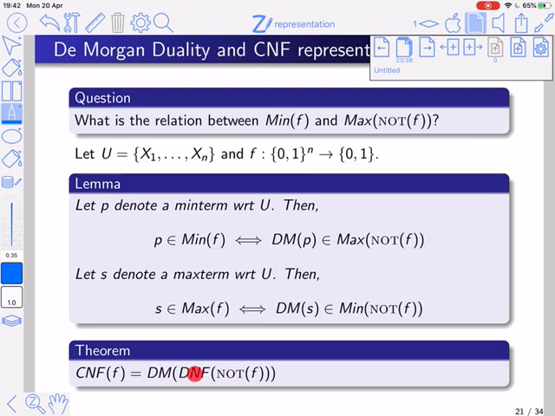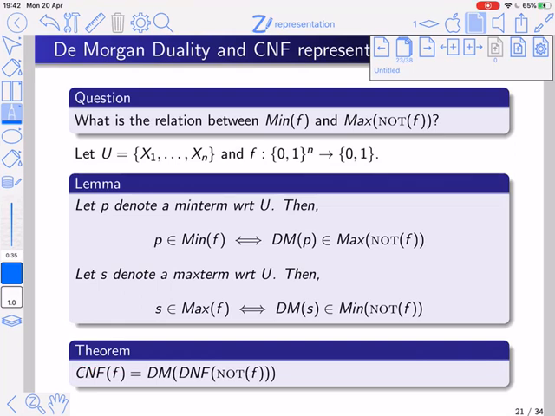Now we know that the DeMorgan dual of a DNF is a CNF, right? This is a sum of products, and this is a product of sums. So when you do the DeMorgan dual, every OR becomes an AND and every AND becomes an OR. So a DNF formula becomes a CNF formula. Okay?